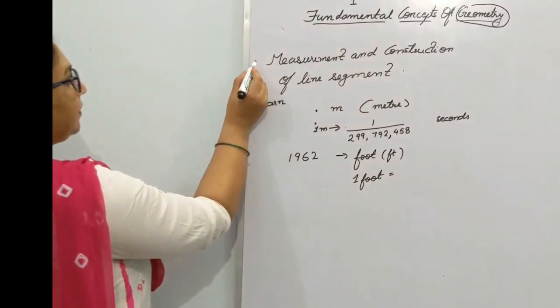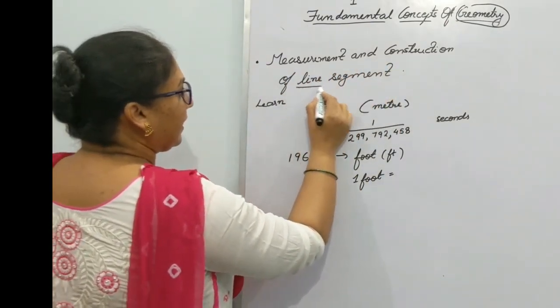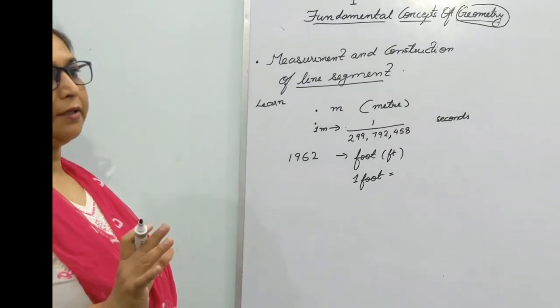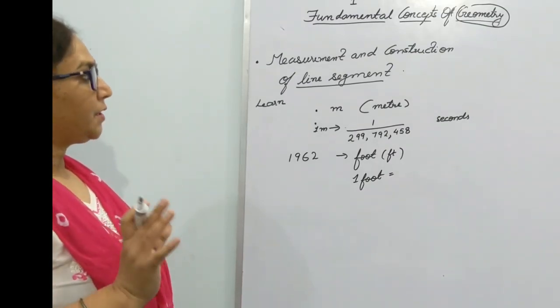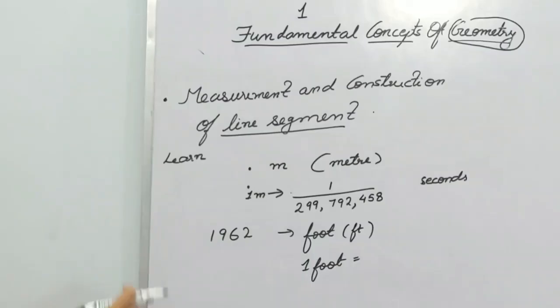The next topic is measurement and construction of line segments. When we say line segment, we talk about a fixed length, and to measure length we use a ruler or scale.